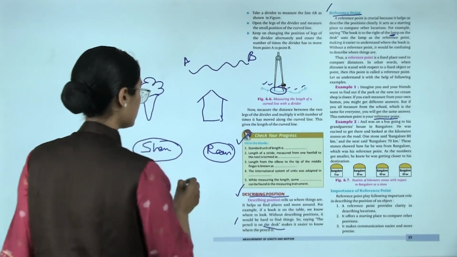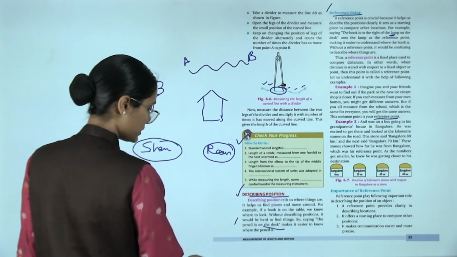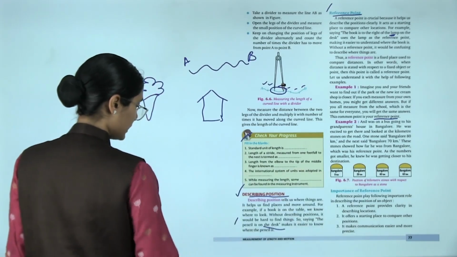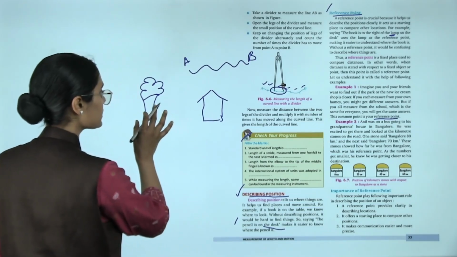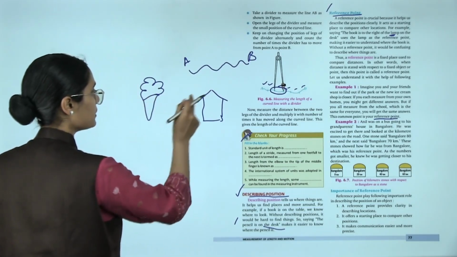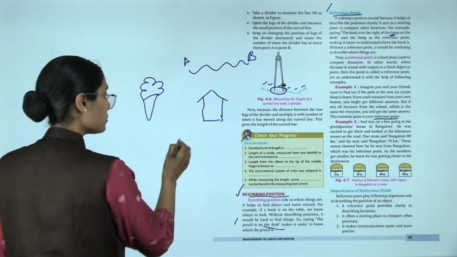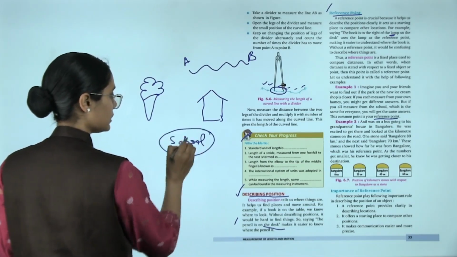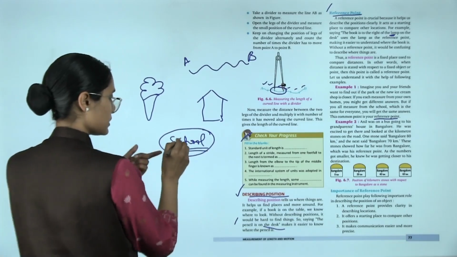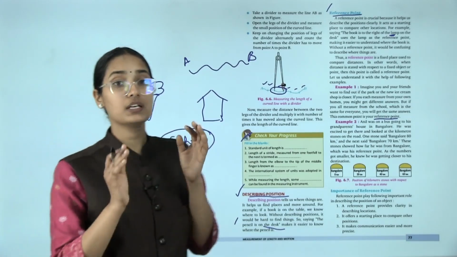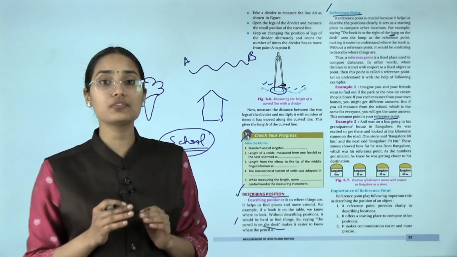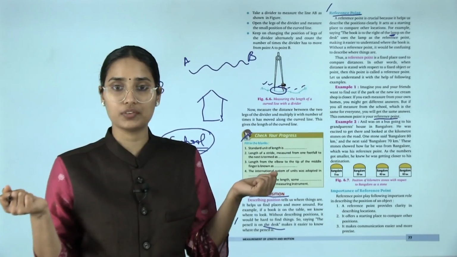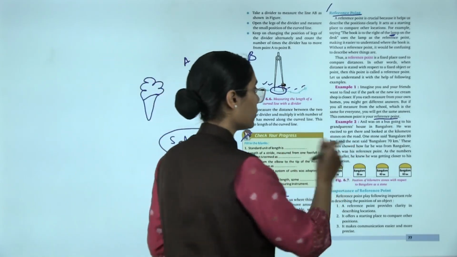But if we say that we want to calculate the distance of the ice cream parlor and the house from the school, then by keeping the school as a reference point, we have fixed the position. Now in this case the answer would be the same for both.